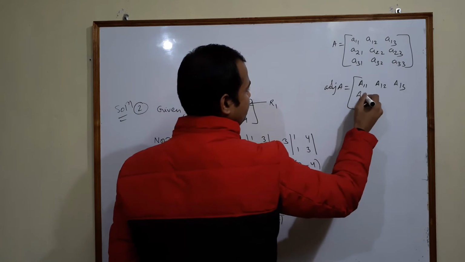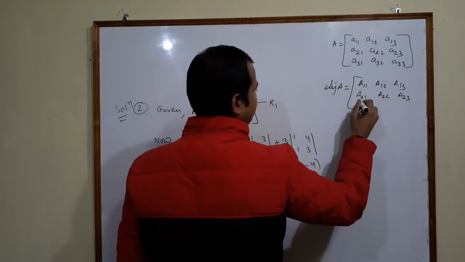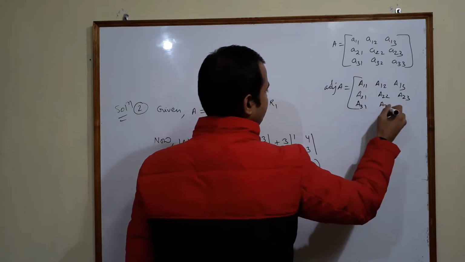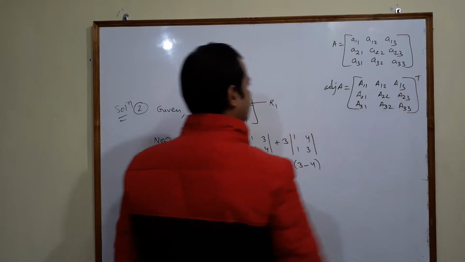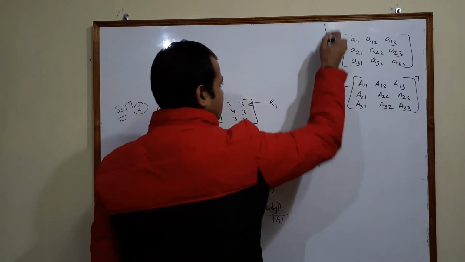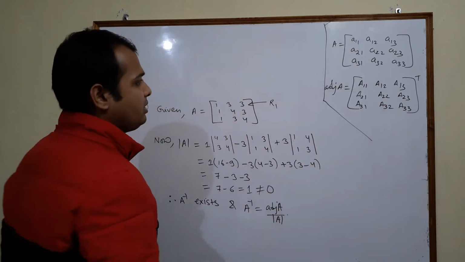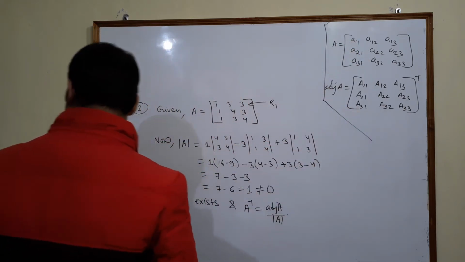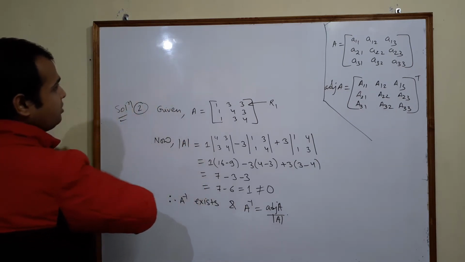Okay, transpose. Done. So if you have a matrix, then this is how we write the adjoint. Clear? So let us find the adjoint of this.